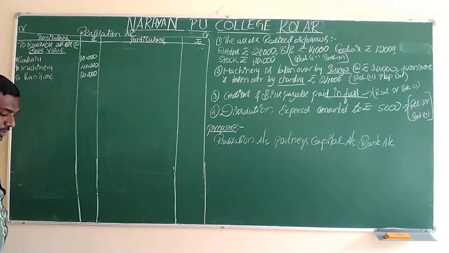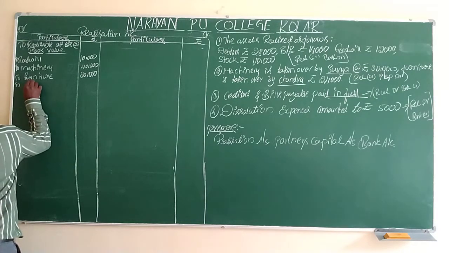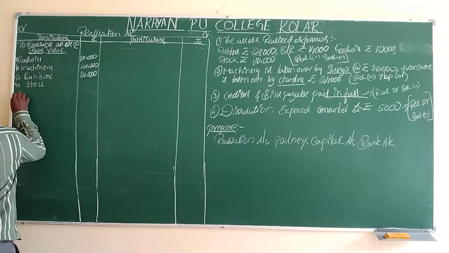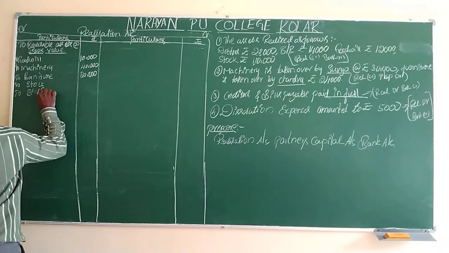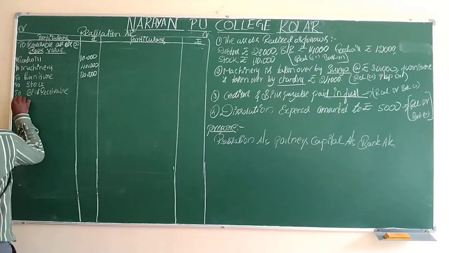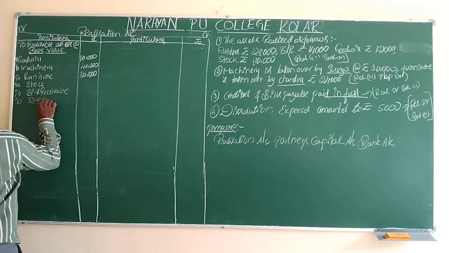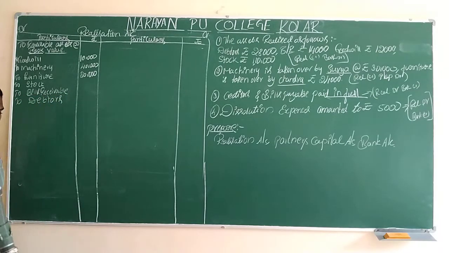After that, to stock, to bills receivable, to debtors. So totally six assets are given.